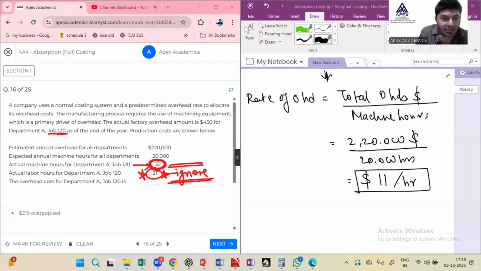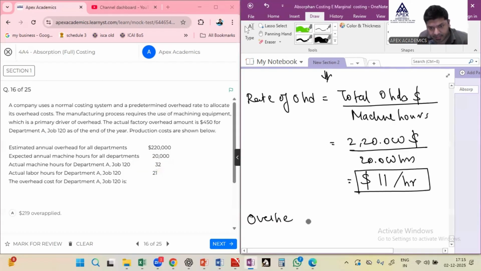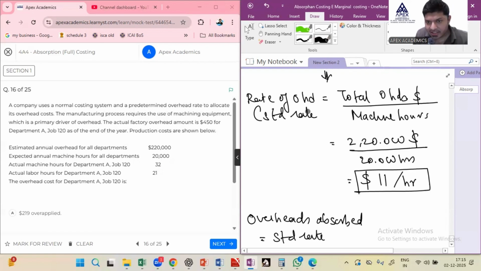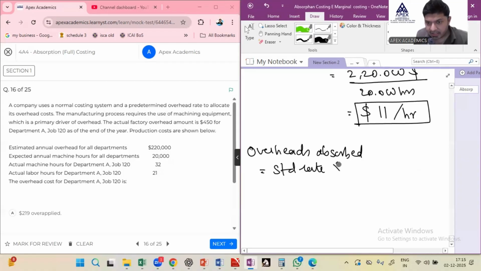So if I have to take into consideration the overheads absorbed, my overheads absorbed are going to be my standard rate, which I just calculated. Overhead absorbed is nothing but my standard rate multiplied by my actual machine hours.